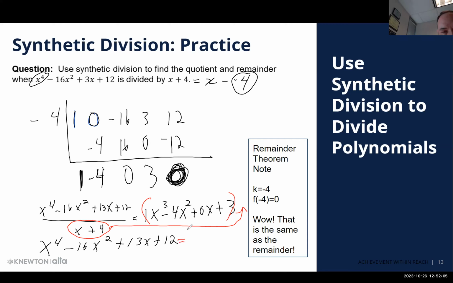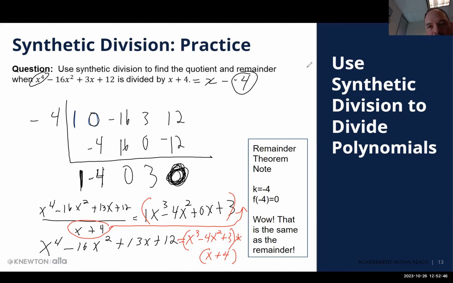And so what I end up with is this expression, which is x cubed minus 4x squared, and it's just plus 3, times x plus 4. I'll put a multiplication symbol there. That's not an x, it's a multiplication symbol. So maybe I'll put a little star. And so it's the idea that you can basically factor the original polynomial.